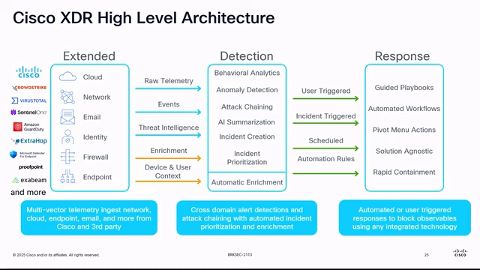So we integrate with CrowdStrike, with Microsoft Defender for Endpoint, with Trend Micro, SentinelOne, and others in the market, because this is your main detection point, guys, and we want to make sure we enable you to leverage an XDR solution on top of that, regardless of what your EDR solution is underneath.